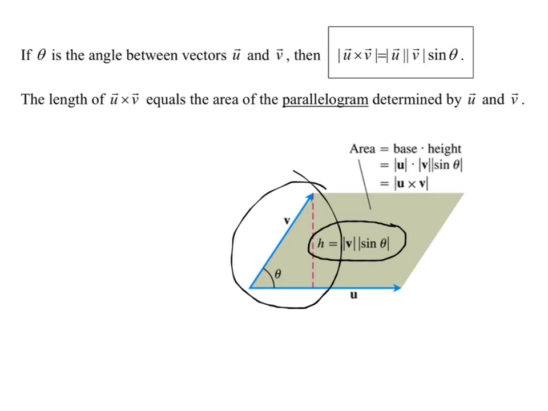So if we look at that definition right at the top of the page, that's just the magnitude of u cross v. So the area of a parallelogram defined by the two vectors is the magnitude of their cross product.